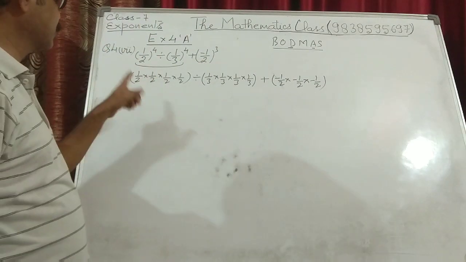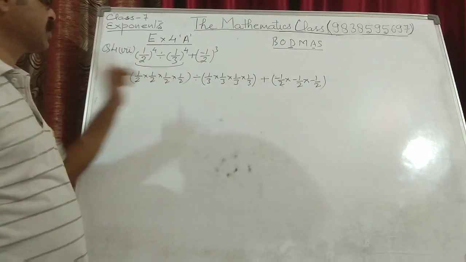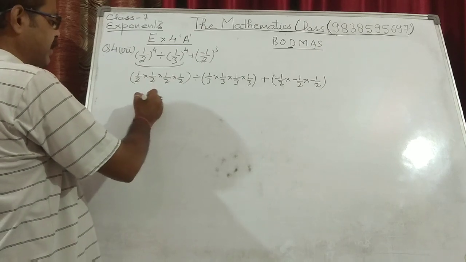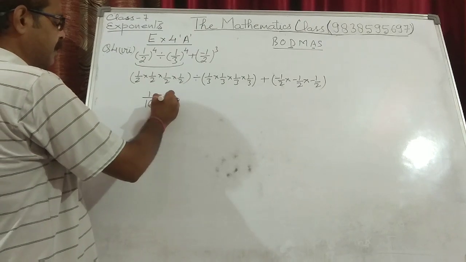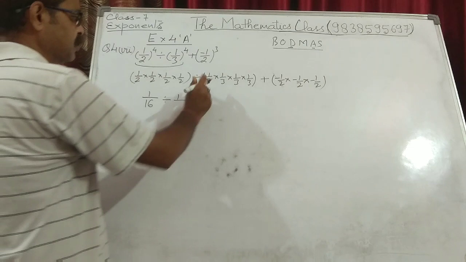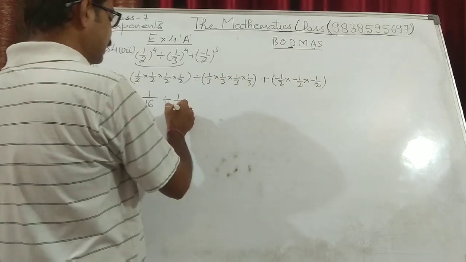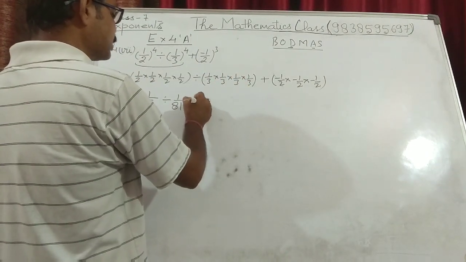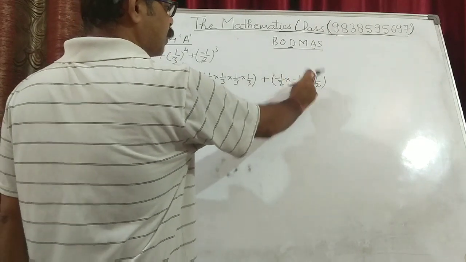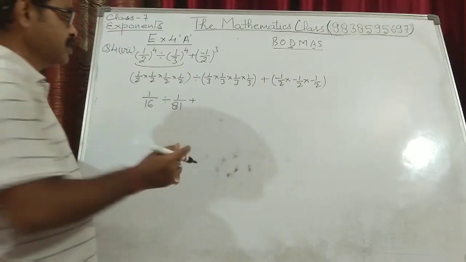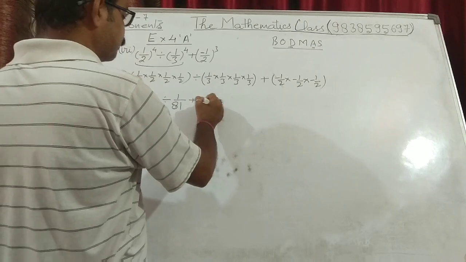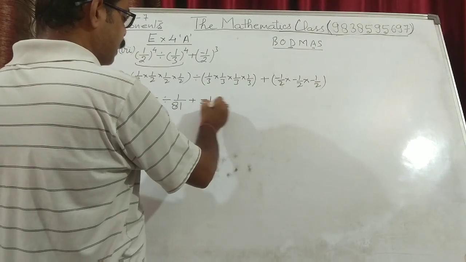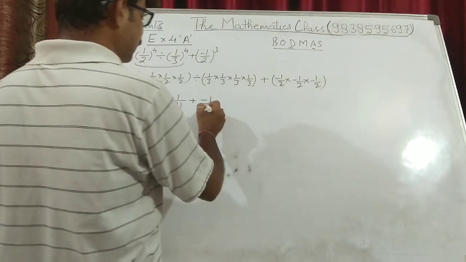Now when you solve this, 2 2s are 4, 2 4s are 8, 2 8s are 16. This total can be written as 1 upon 16. Then division sign, 1 upon 3 3s are 9, 3 9s are 27, 3 27s are 81. Plus minus is how many times? 3 times.